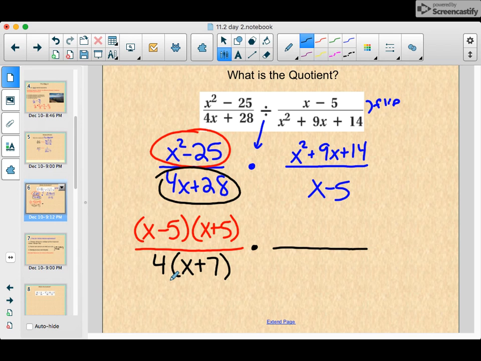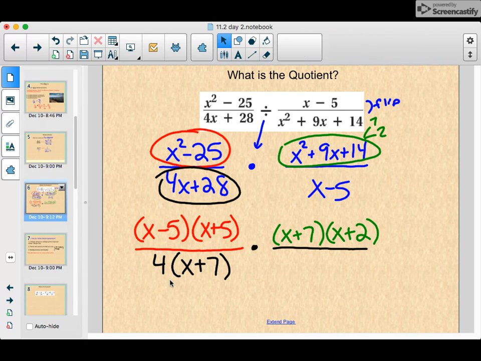Then I'm over here. I'm going to look at this part and think, how do I factor that? There are 3 terms. It is a shortcut. So I'm going to think, my factors of 14 that add to 9, and it'll be 7 and 2. So x plus 7, x plus 2.